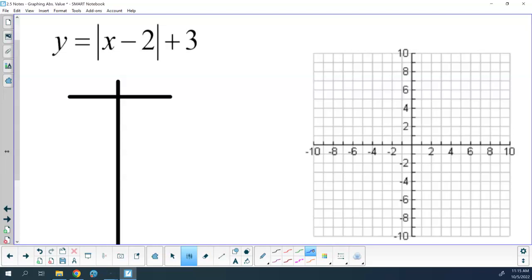Okay, so I need 5 numbers. 0, negative 1, 1, 4, 5. Sure, works for me. Okay. 5 random ones.